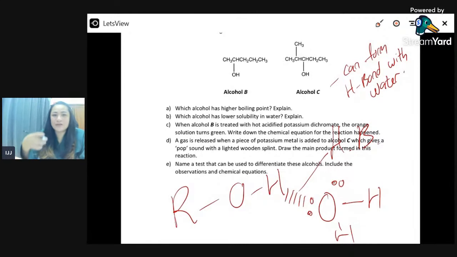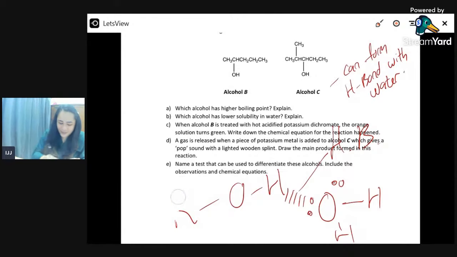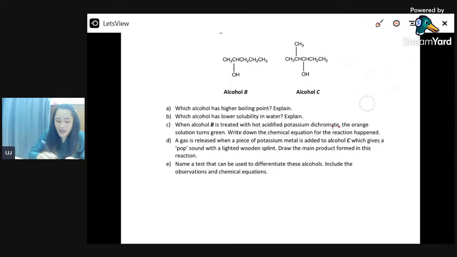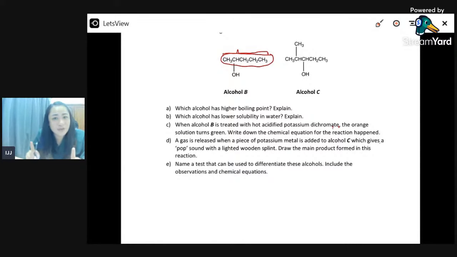That's why kalau kamu ambil itu alkohol, macam ethanol, kamu pour with water, you will only have one layer of solution. It is soluble in water. But you also need to look at the second factor. Okay? The second factor is, kamu jangan lupa, alkohol kamu juga ada grup CH. Grup alkane tu, alkyl group tu. Ini grup ni CH ni adalah grup yang tidak soluble in water because dia hydrocarbon, carbon hydrogen.